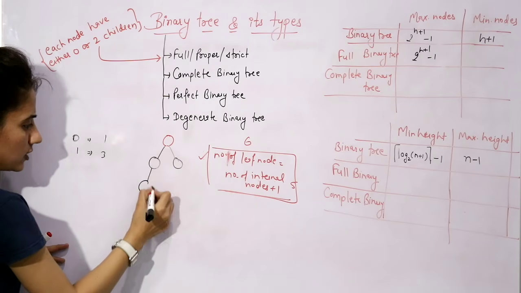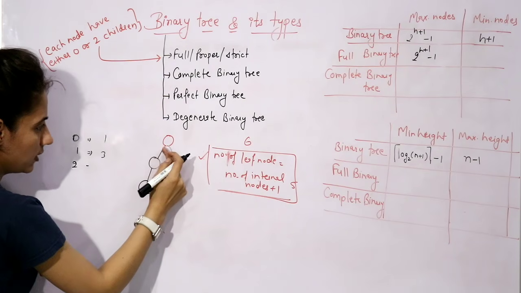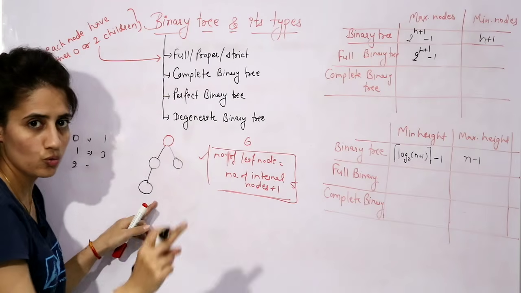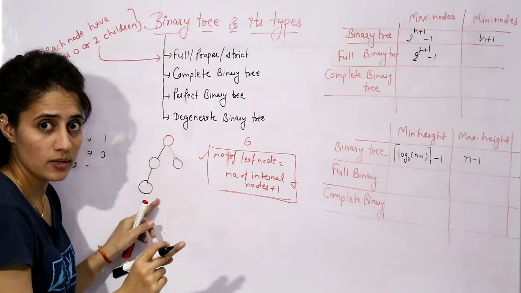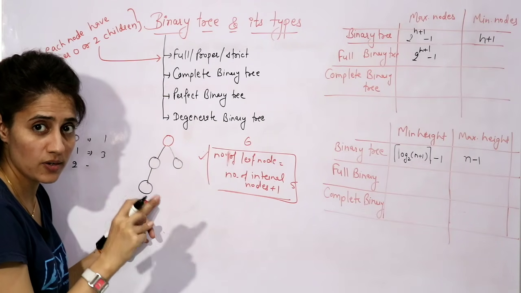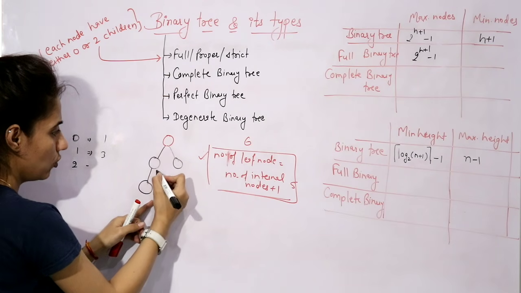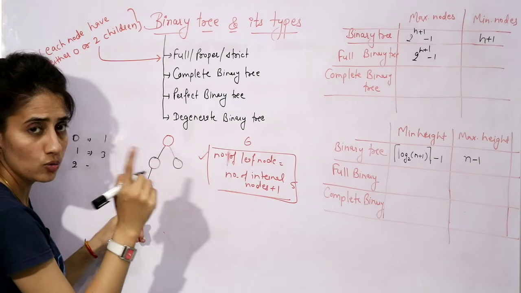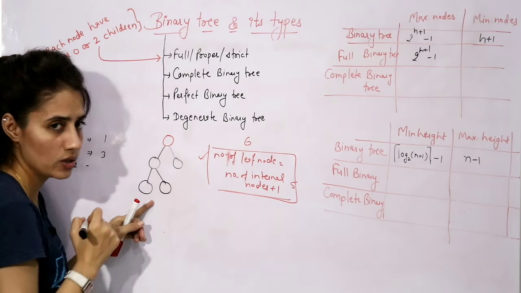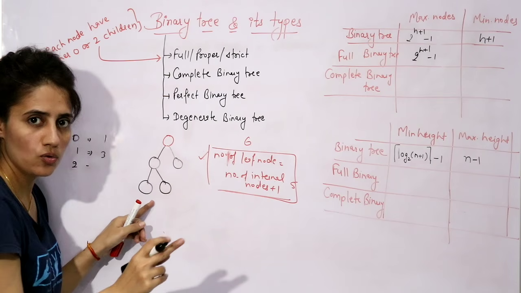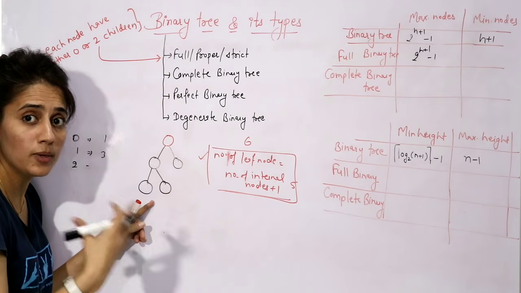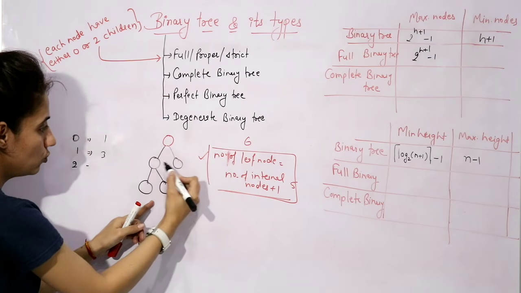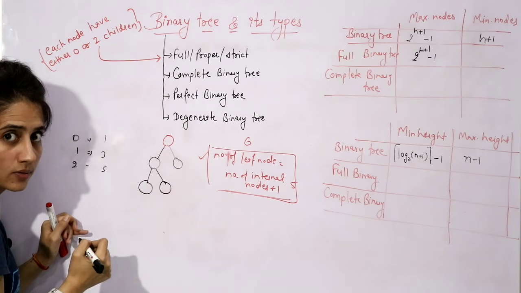Now if you increase the height one more time, the height of this tree is 2, but this is not a full binary tree, you need to satisfy that condition also. Each node has either 0 or 2 children, so this should contain 2 children. This can have 0 children because you are calculating the minimum number of nodes. So 1, 2, 3, 4, 5, right?